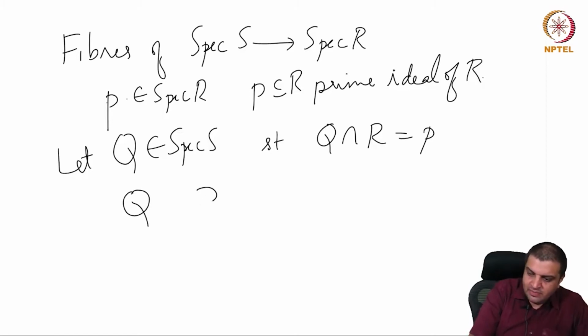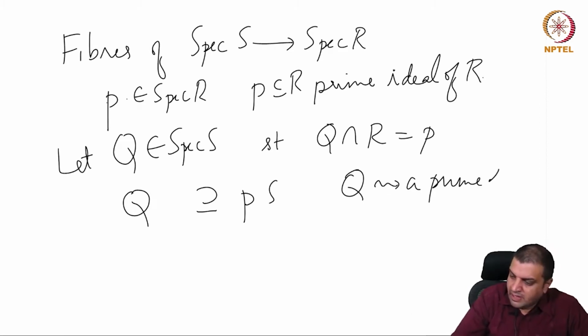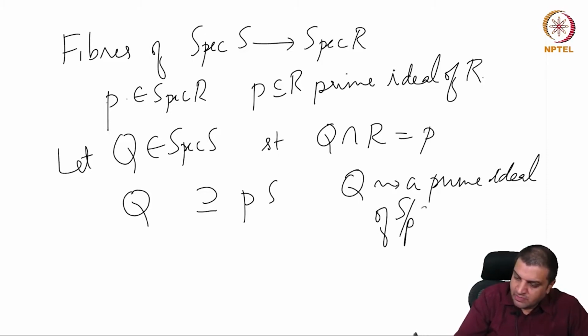Q will contain PS. In other words, Q is a prime ideal of S, and it gives a prime ideal of S mod PS. So that's one observation about such Q.